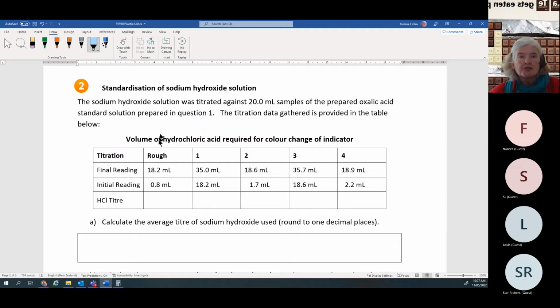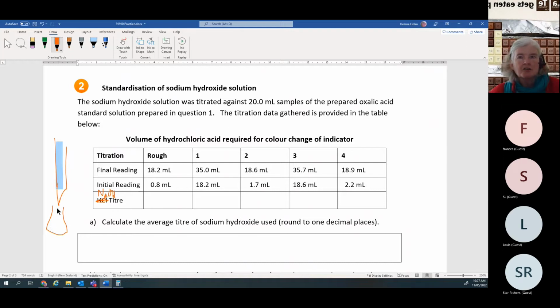I've got my NaOH in my burette. I had written HCl, but that should be sodium hydroxide. I will go back and change all this and resend you the link.